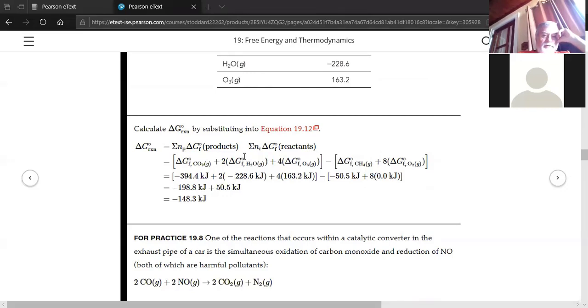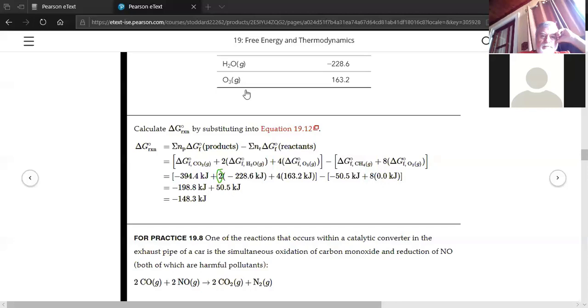And of course, they have the coefficients along with these. So you have your 2 here. Who can tell me why there's a 2 right there in front of the minus 228? There's 2 moles. In what?